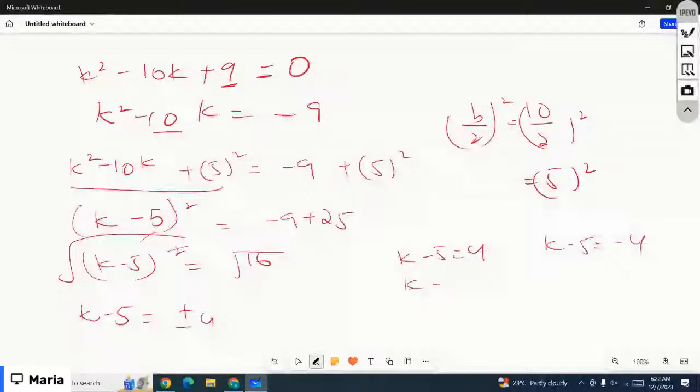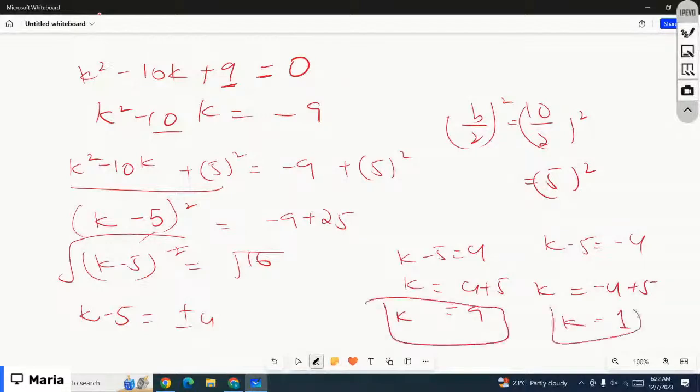So k is 4 plus 5 equals 9, and k is negative 4 plus 5, which is 5 minus 4, is 1. So k equals 1. You have two answers, k equals 9 and k equals 1. You have two values for the k. They are k equals 9 and k equals 1. Got it?